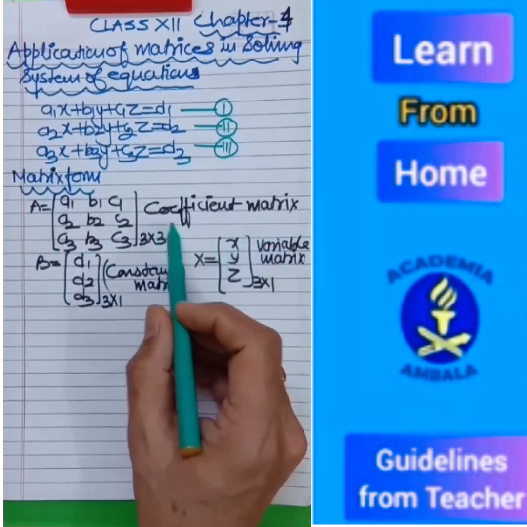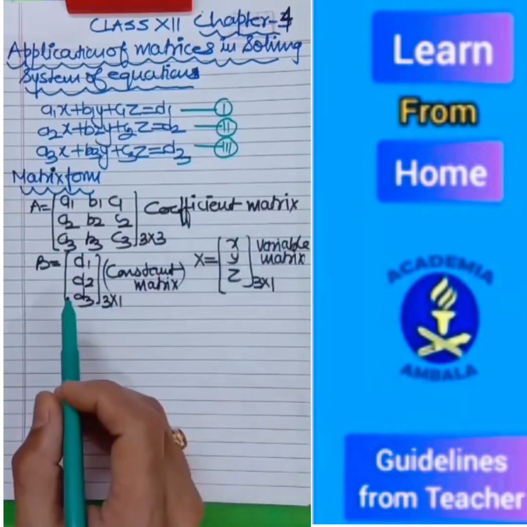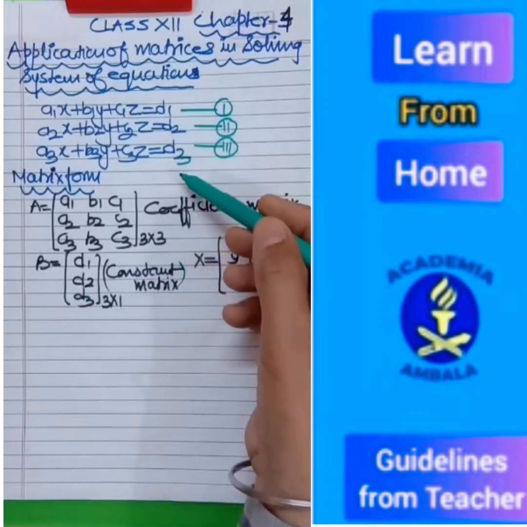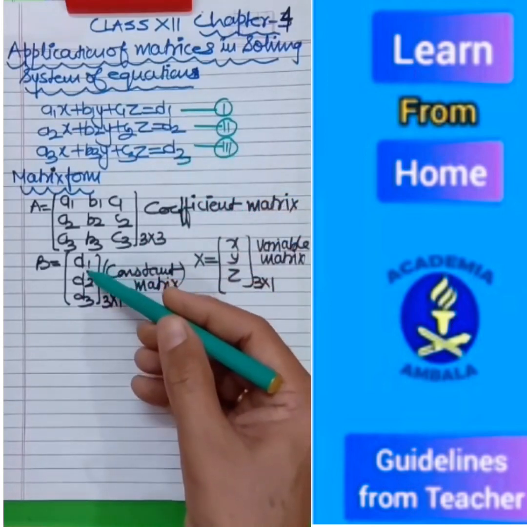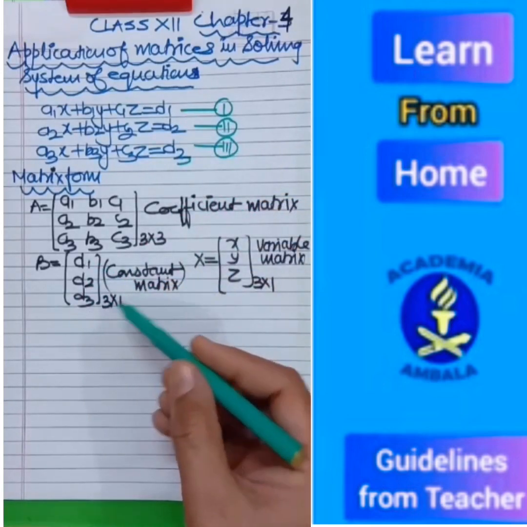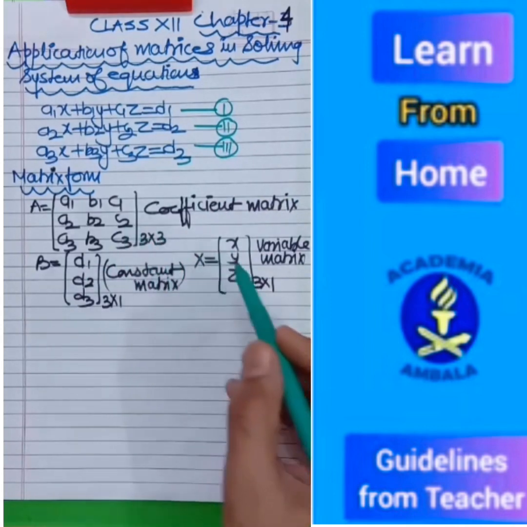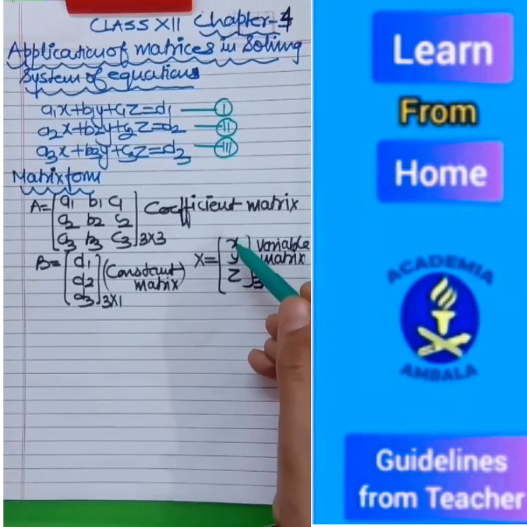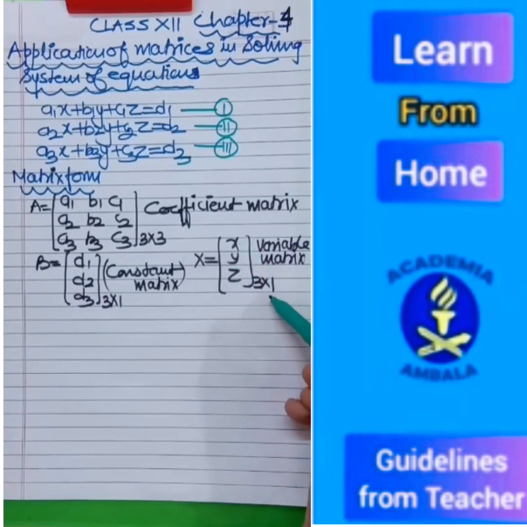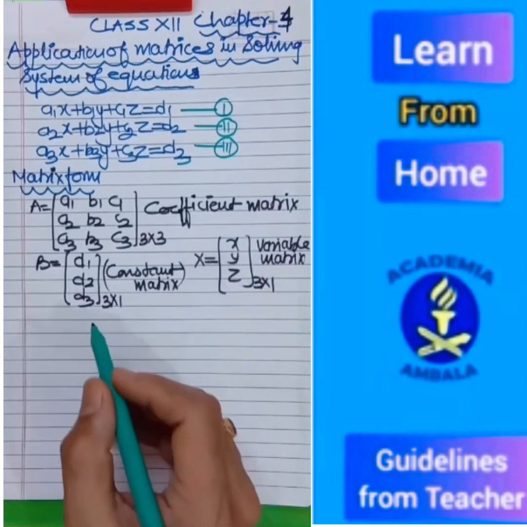We say this matrix is the coefficient matrix. All the constants d1, d2, d3 can be written in the form of a column matrix called the constant matrix, and capital X denotes the three variables x, y, z in the form of a column matrix.